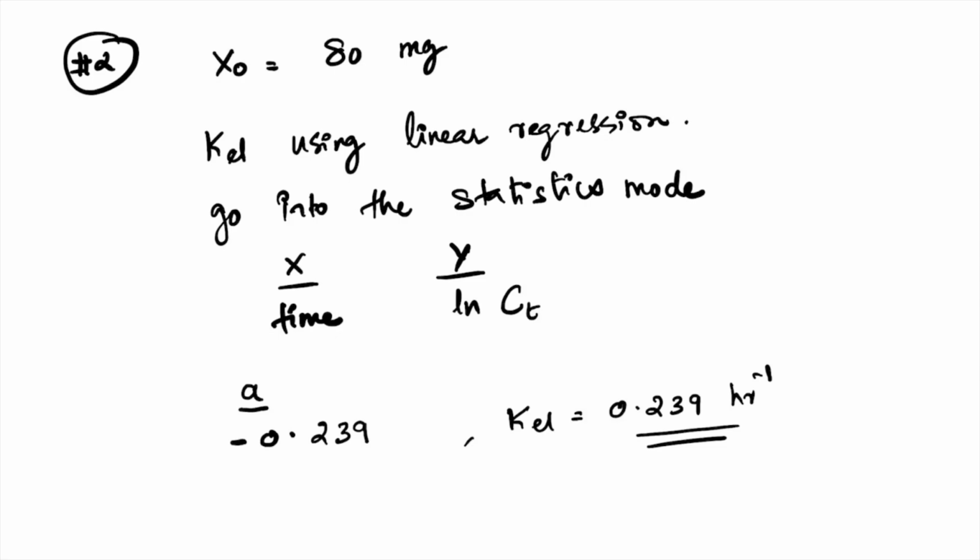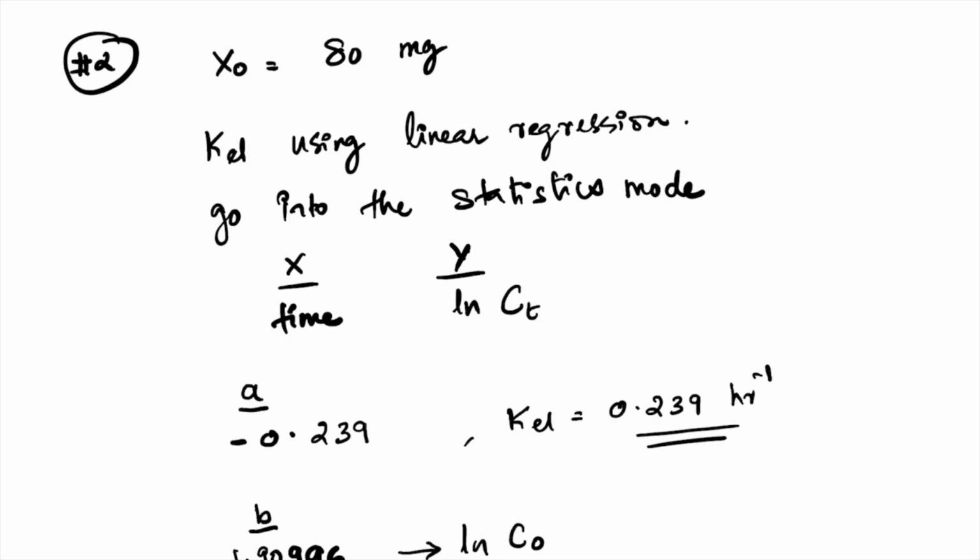If you scroll once to the right again, you'll get B, which is the intercept, 1.90996. But since we entered y as a natural log, that's a y-intercept, so this is actually natural log of C0.